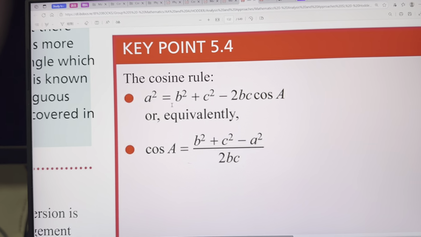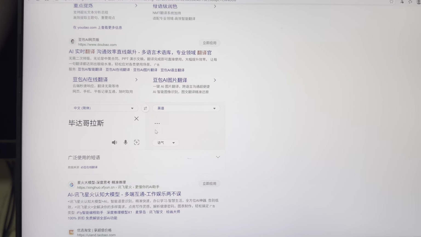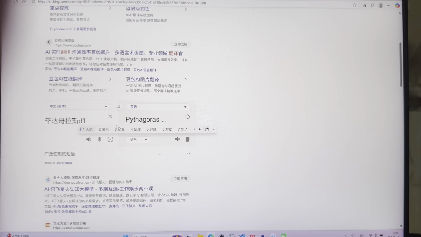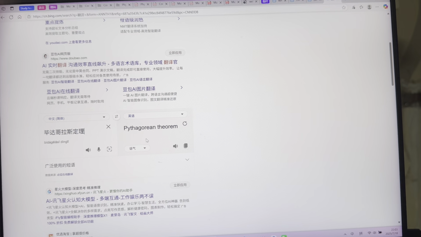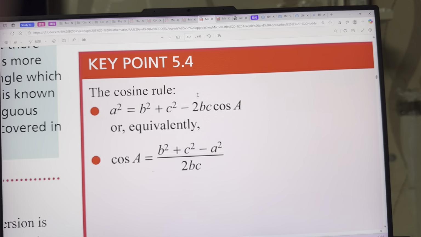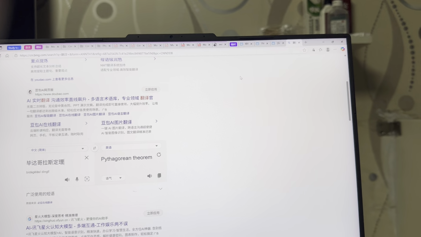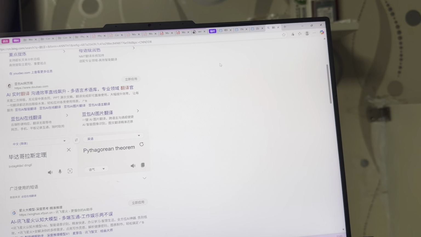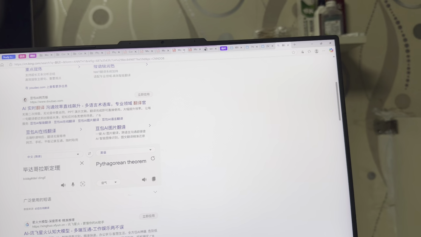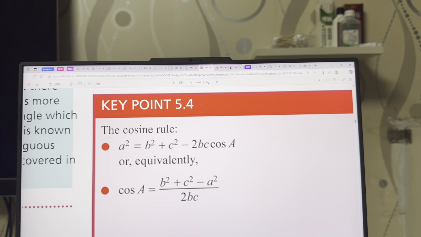Actually, if you ignore this part, it is the Pythagorean theorem. If you don't have this part, it's the Pythagorean theorem. So how are the cosine rule and this related?